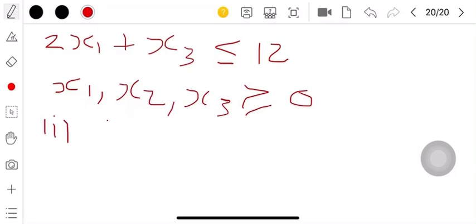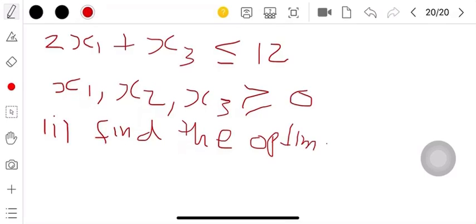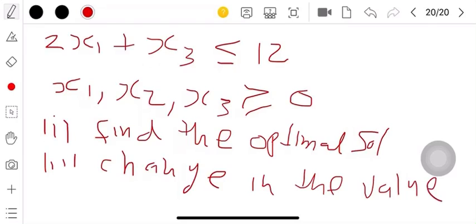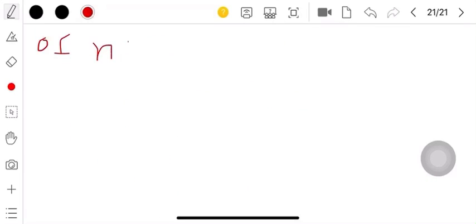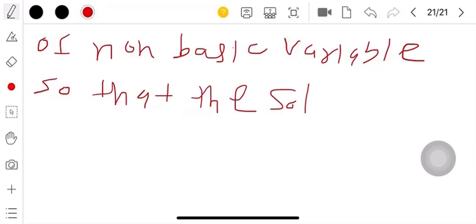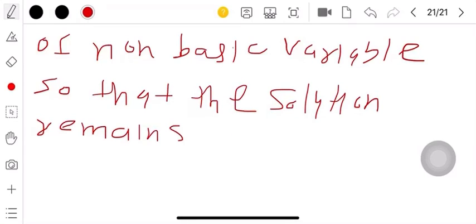So first, find the optimal solution. Second, change in the value of the non-basic variable so that the solution remains optimal. So this is the first case.